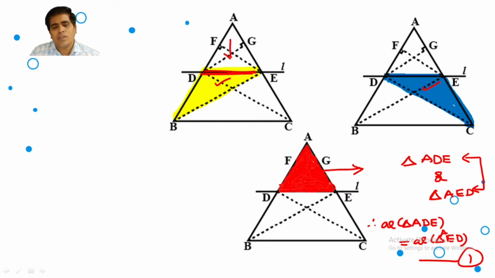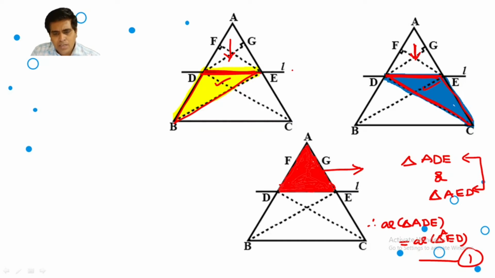You look at it from this side; your eye should be on top of DE. So DE is a base. Here also DE is the base for both the triangles. So DEB is a triangle. Here DEC is one more triangle. So both the triangles are sharing the same base and are between two parallel lines.